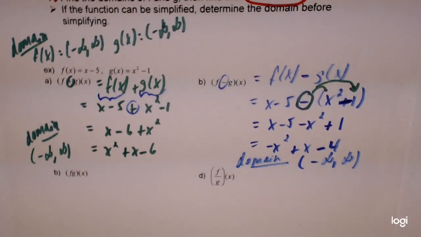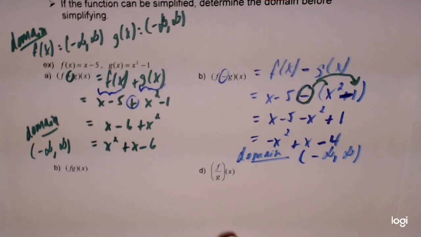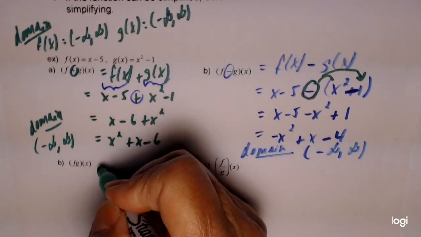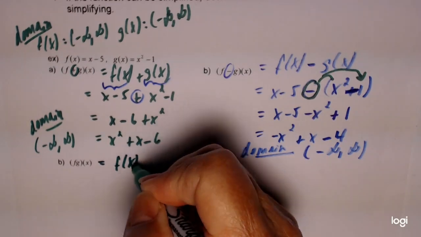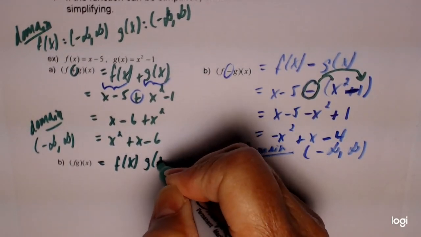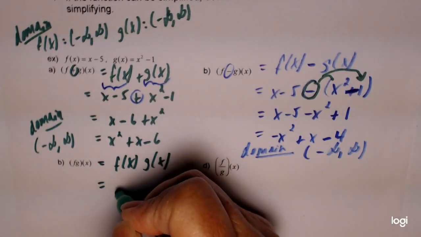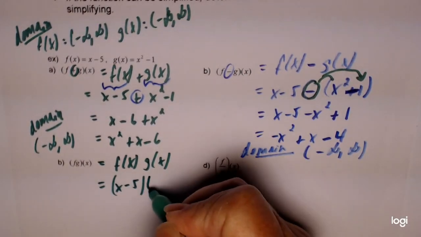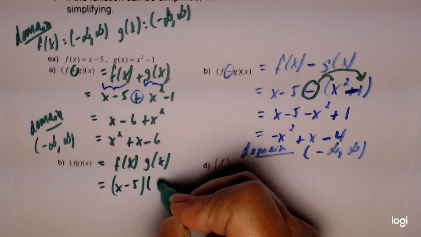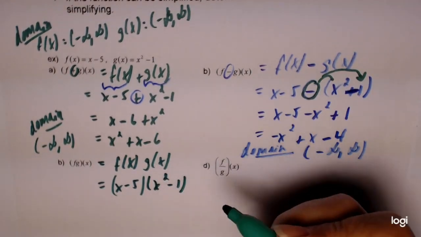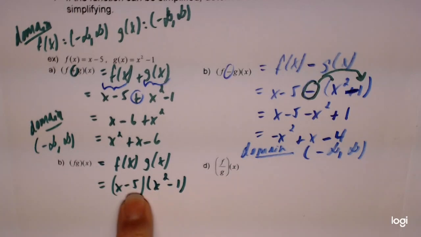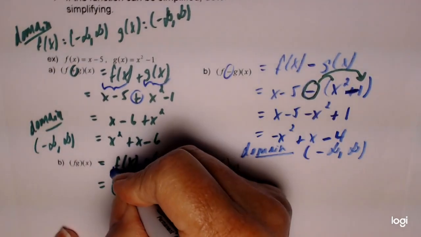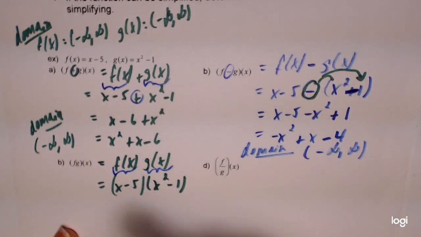Moving on, now we're going to look at multiplication. This is going to be f of x times g of x. f of x is x minus 5, and let me see if I can get g of x correct this time. This is x squared minus 1. So there's our two functions. Let me identify them again, just in case somebody isn't seeing it. There's our f of x, and there's our g of x.